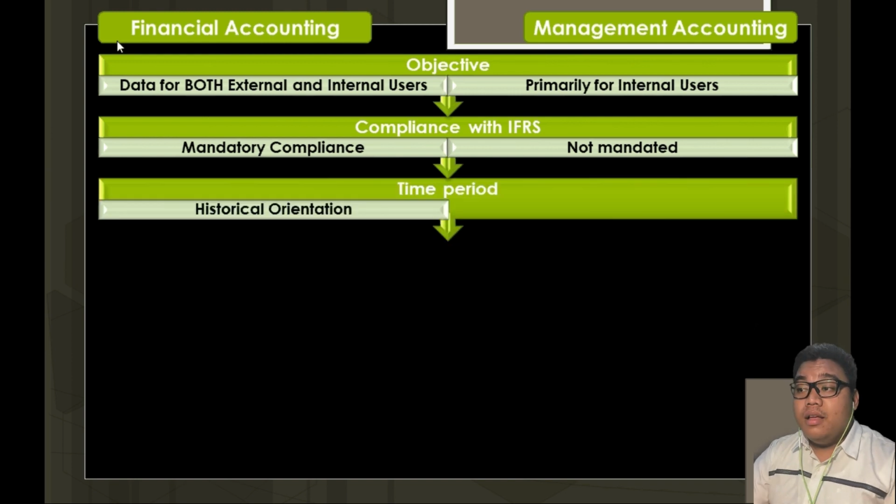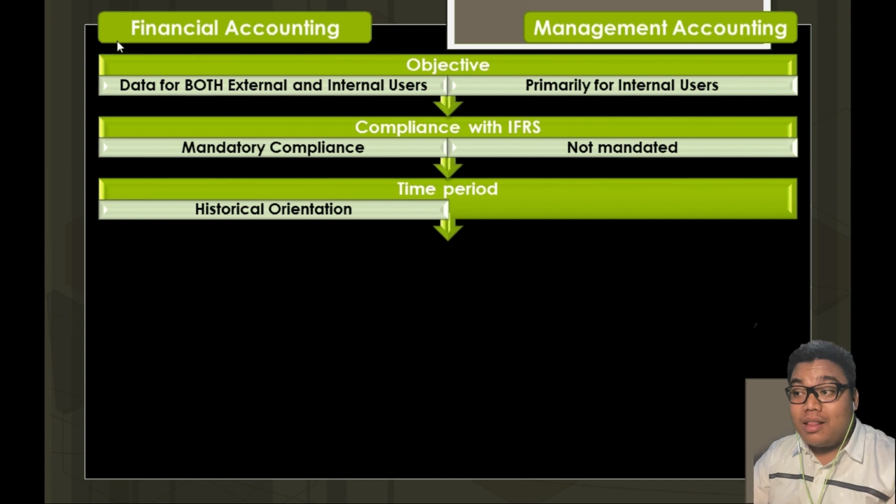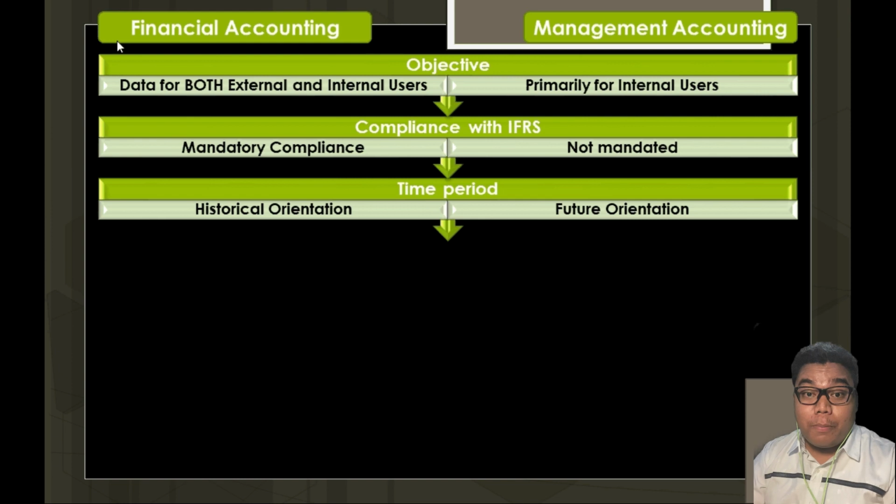Time period. For financial accounting, the focus is historical. Why do we focus on the historical orientation of financial accounting? In financial accounting, we focus on what has happened and how to document what has happened. While for management accounting, the purpose is for us to provide information to assist the decision makers for the future of the organization.